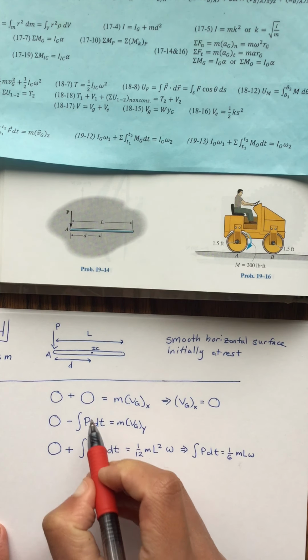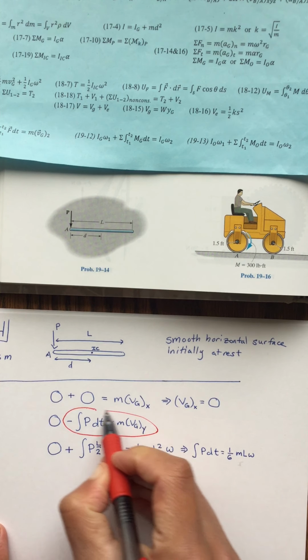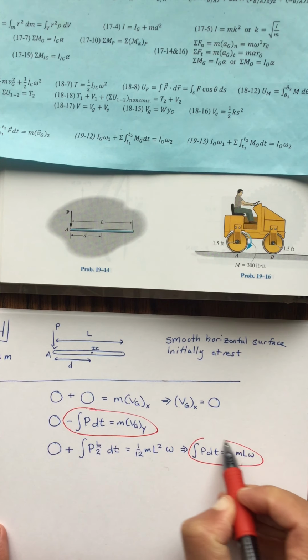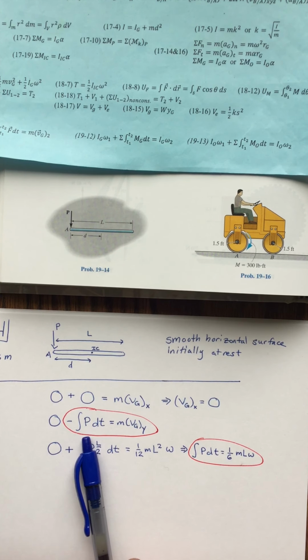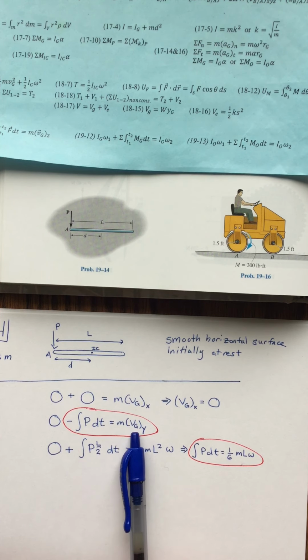Okay, now compare what you have here and what you have here. The only difference on the left-hand side is this negative sign that we have here. So that just means that the y component of the velocity is going in the negative direction and not the positive direction.